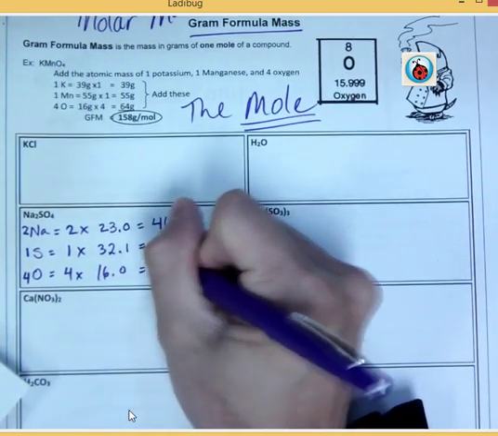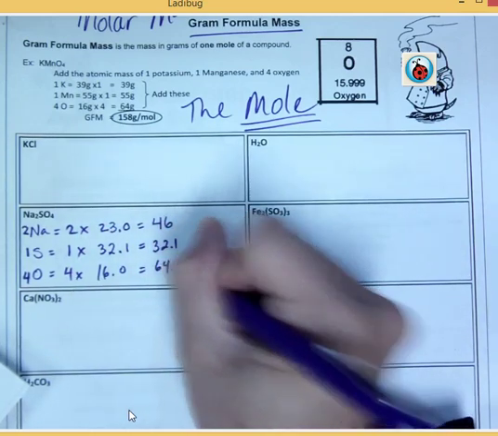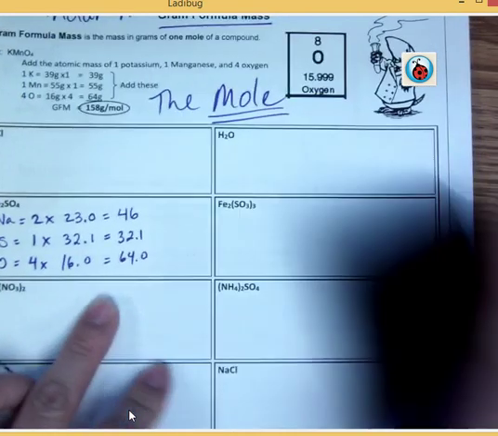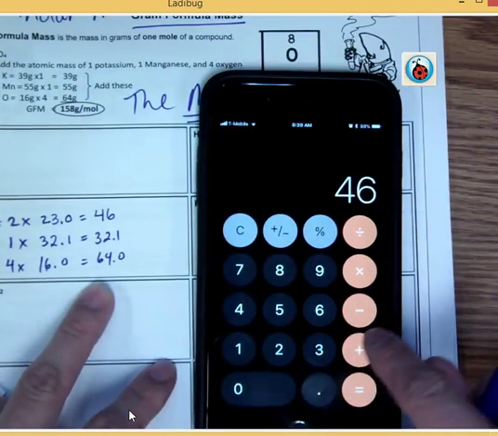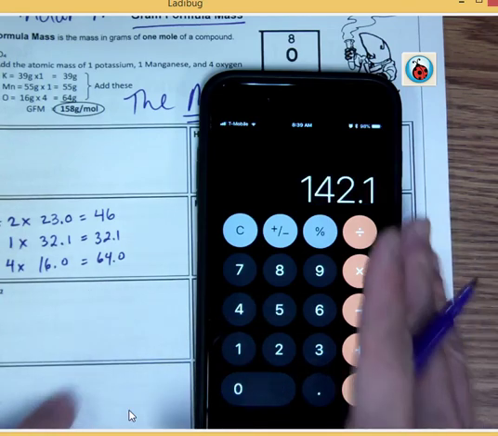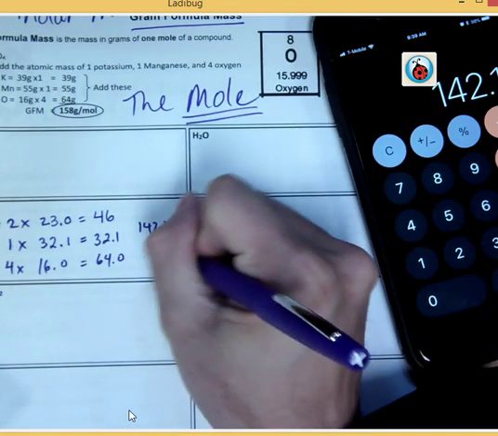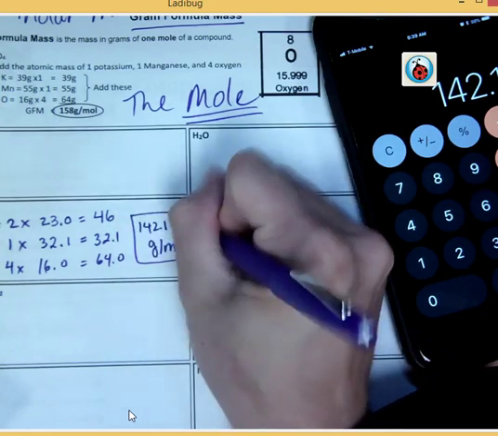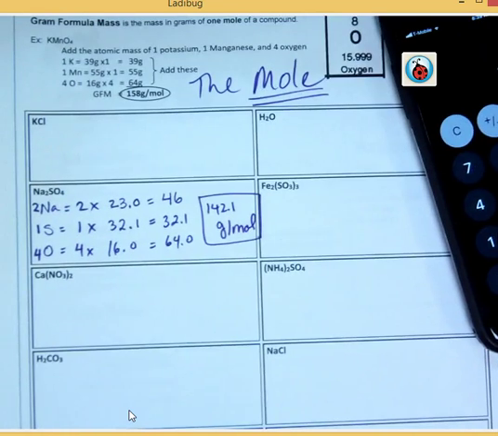And so this one's 32.1 times 1. 16 times 4 is 64.0. And then some of you can do this in your head, but it's 46 plus 32.1 plus 64.0. And that's 142.1. And the unit is grams per mole. For every mole, this is 142 grams. It's 142 grams per mole. Okay? So, pretty basic, pretty easy.